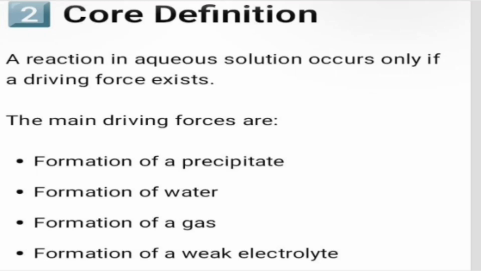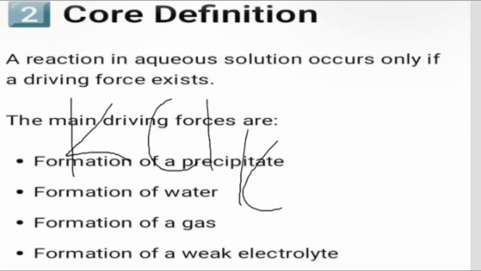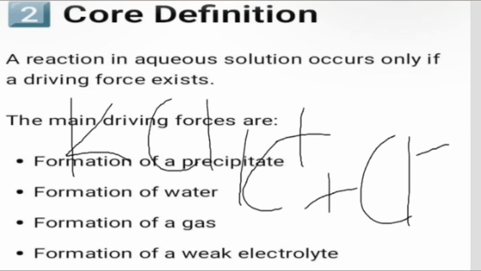As I said in the previous lesson, substances are usually dissolved into ions. For example, potassium chloride is going to be potassium ions plus chloride ions. But insoluble solids are not usually broken down into ions.